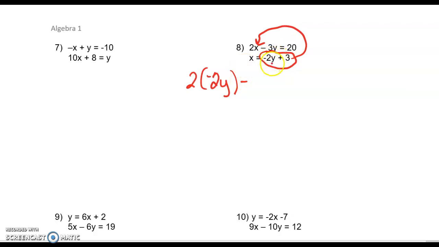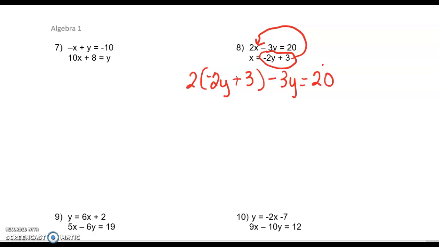I needed to put the whole -2y plus 3 in place of the x. This whole -2y plus 3 goes in place of the x. Then continue writing the equation that we started with. Take away 3y equals 20.